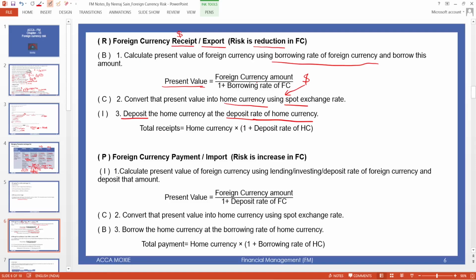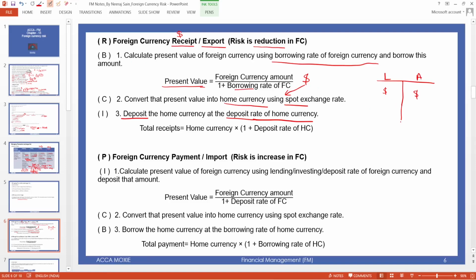Let me explain what we are doing by this. Right now we have, for example, an asset and a liability. For example, we are receiving a dollar amount, this receivable, but now we will create a liability in dollar, like borrowing in dollar.